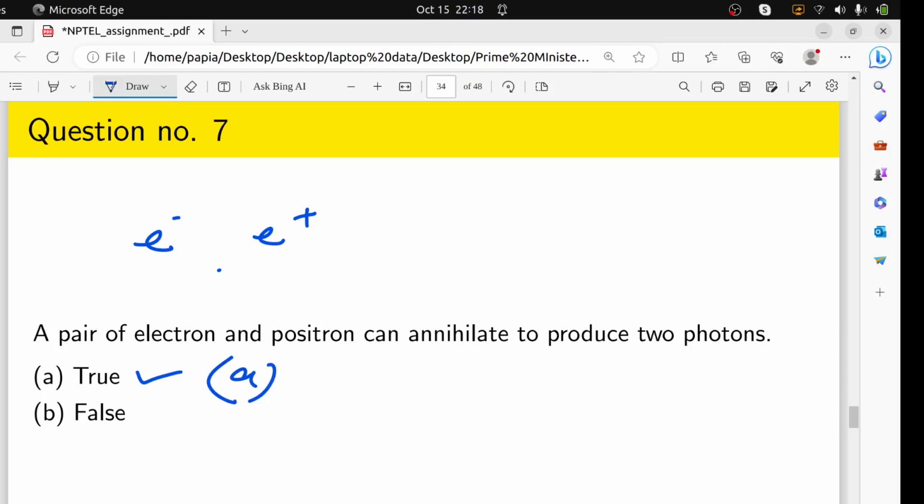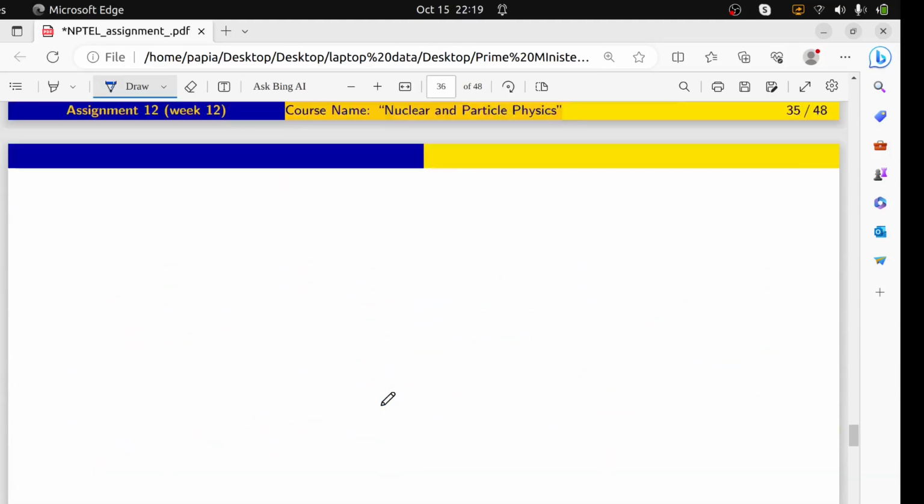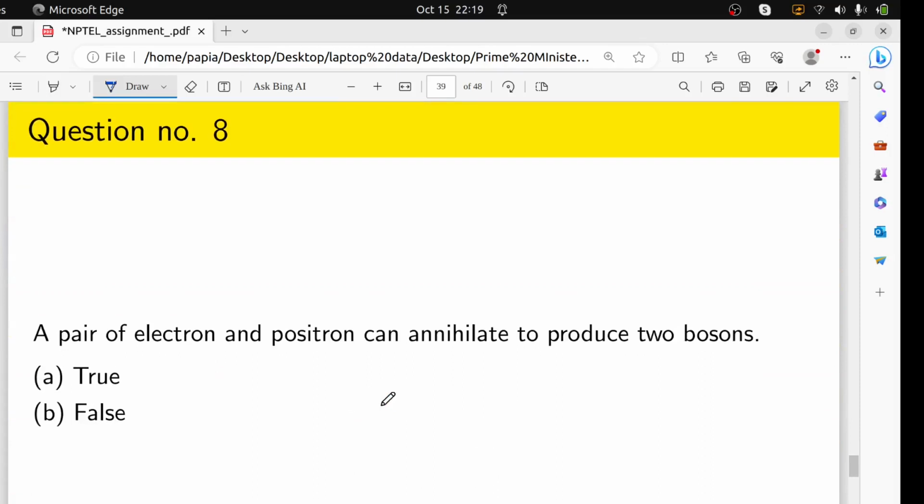A pair of electron and positron can annihilate to produce 2 photons is true. So now question number 8. You can see it's very similar to the previous one.